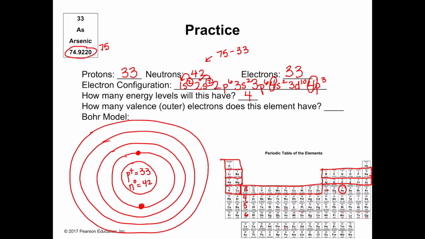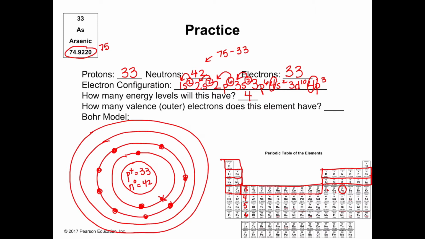We have 2 electrons that are going on the second energy level. And then we have another 6 electrons that are going on the second energy level.